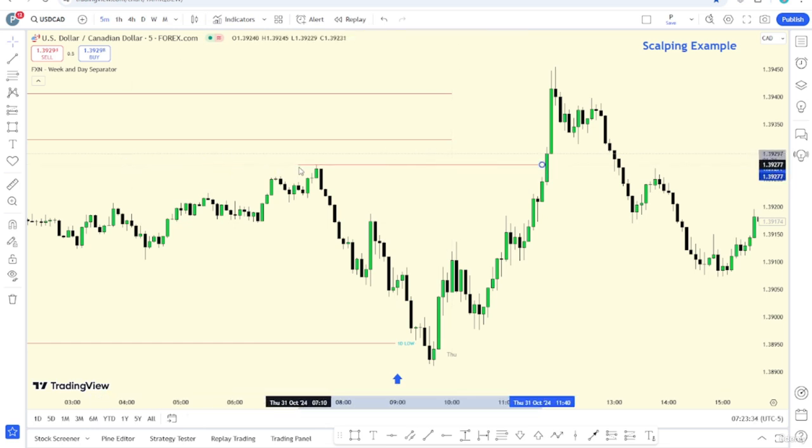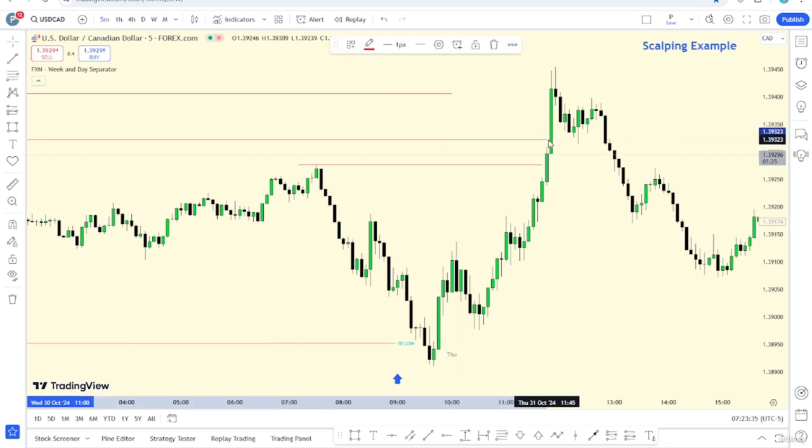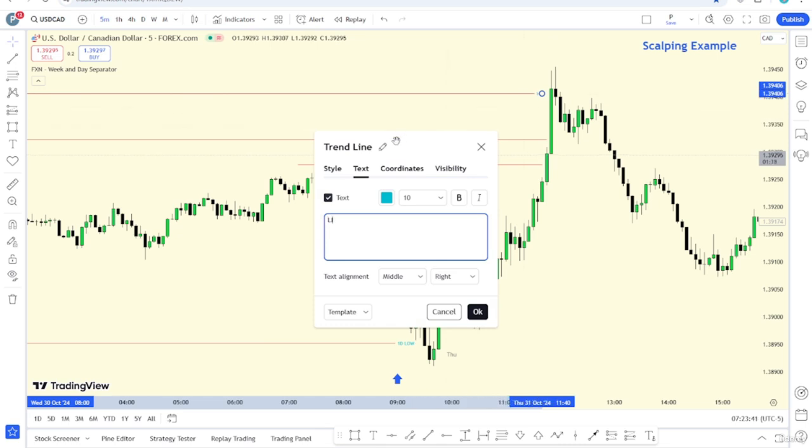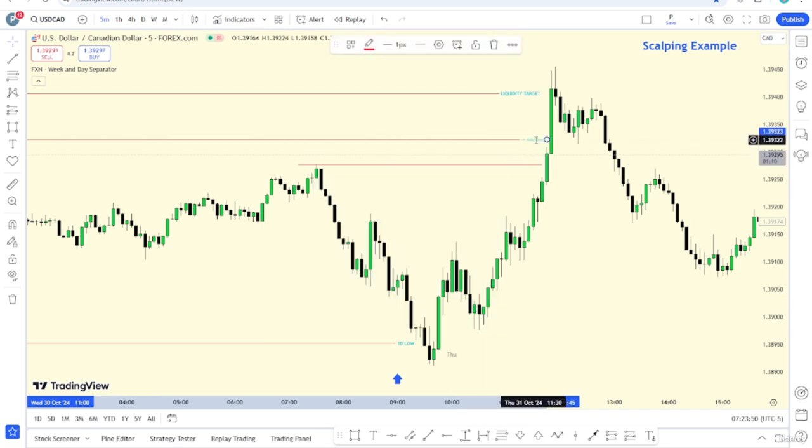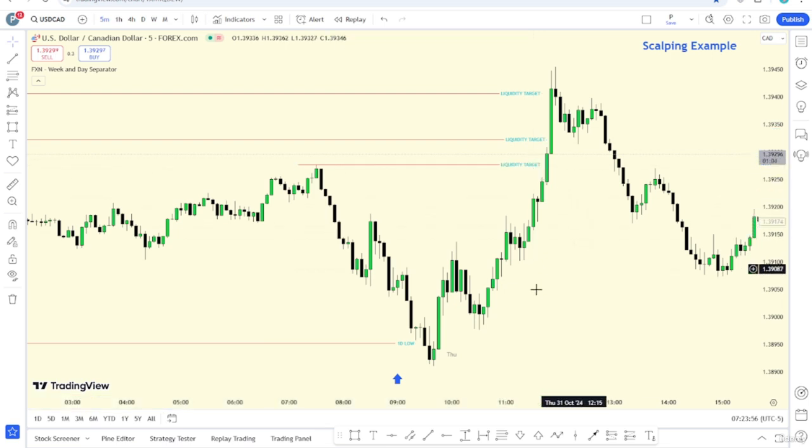We're going to use those highs as our objectives and our targets, so let's just call them liquidity targets. We have those liquidity targets as our potential objectives when we enter this market.